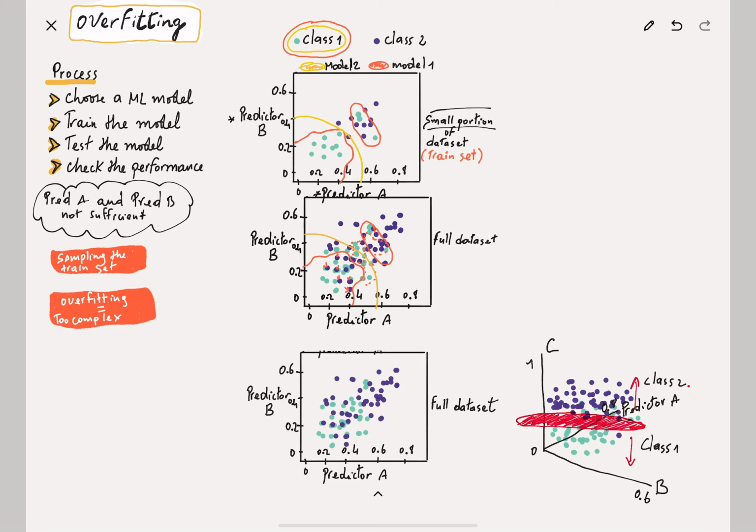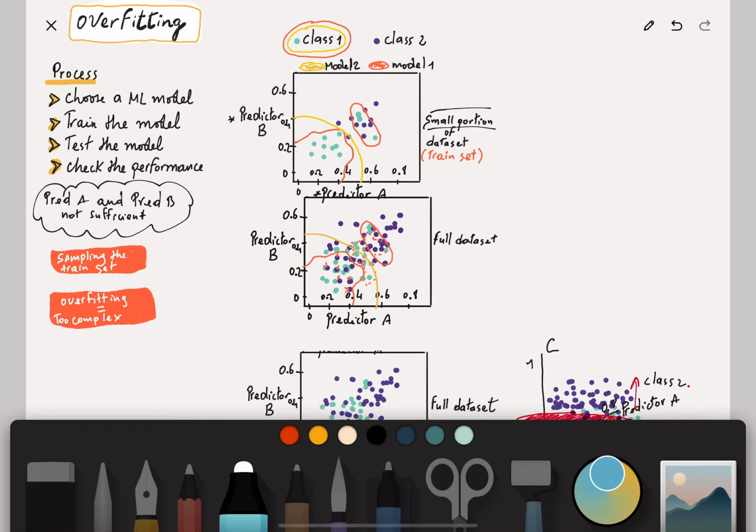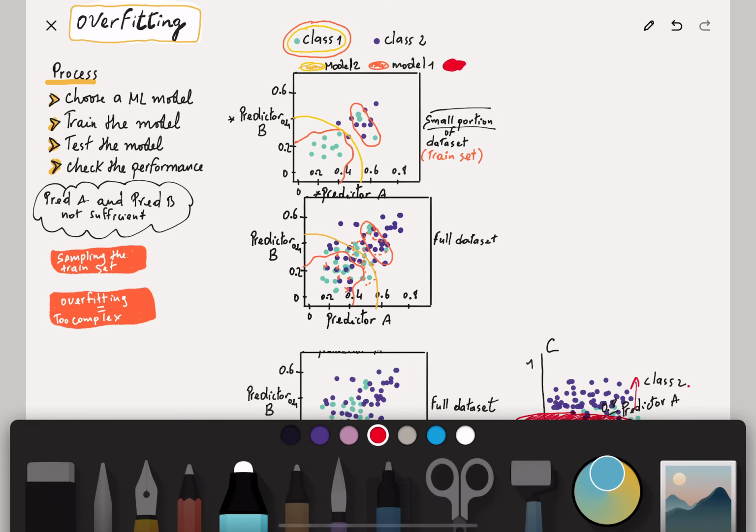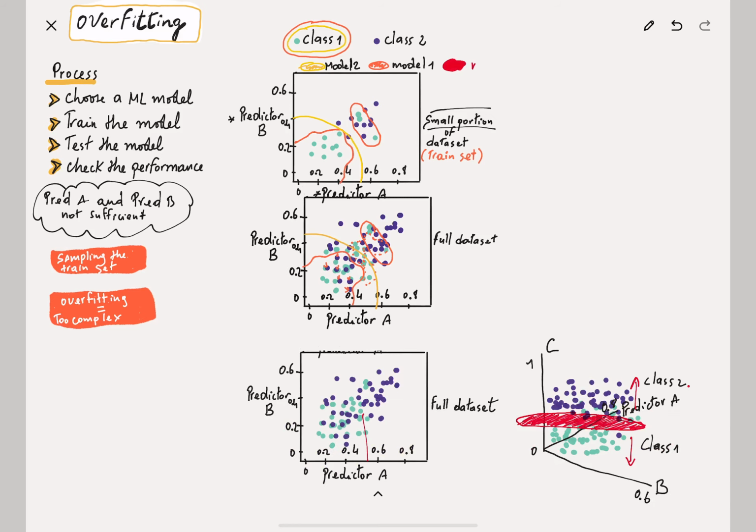But the majority could fall somewhere down here, which means this particular model, let's call it model 3, might be the best model, because we've actually used 3 predictors instead of 2. And maybe for this particular data set, this is what it took to properly divide the classes and make good predictions.